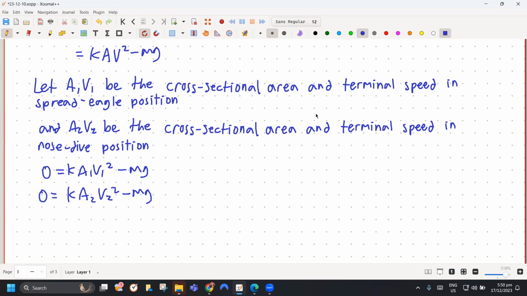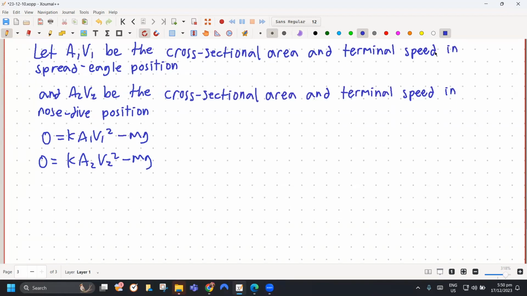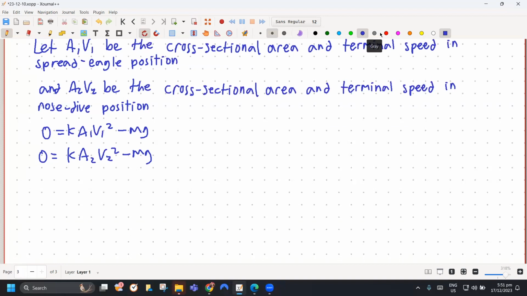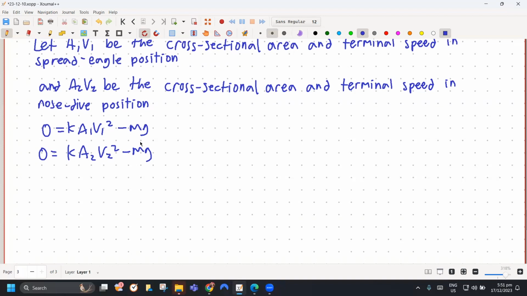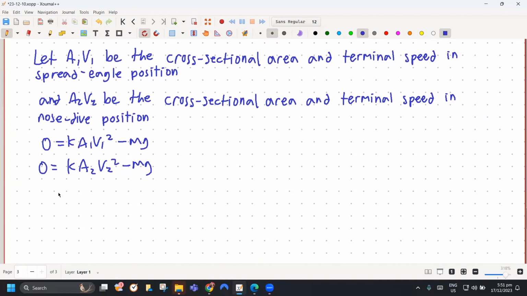So, using those two equations, what's A1 over A2? We don't know what k is.